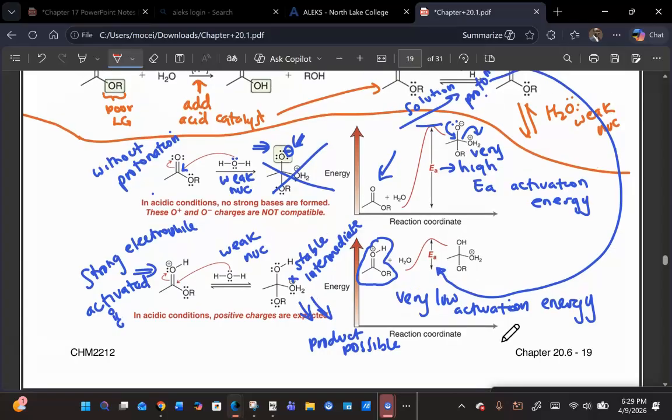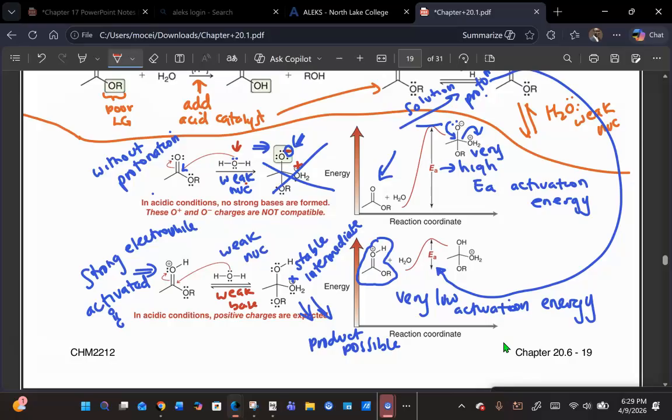Unlike up here when you attack with water, it's still a weak base, weak nucleophile. Without protonation, you get O minus and you get O plus. That's not compatible.